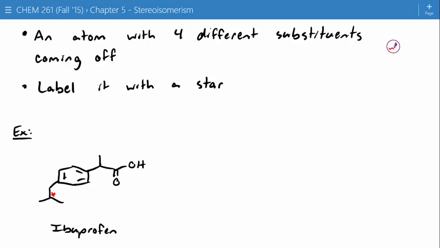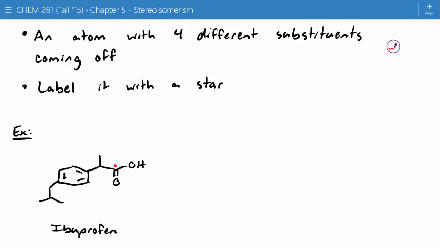So that doesn't work. What about the carbon next to it right there? It's got two hydrogens. That doesn't count. What about this carbon right here? It doesn't even have four substituents, right? That carbon's bonded to two other carbons and a hydrogen, so that doesn't qualify as a stereocenter. All right.